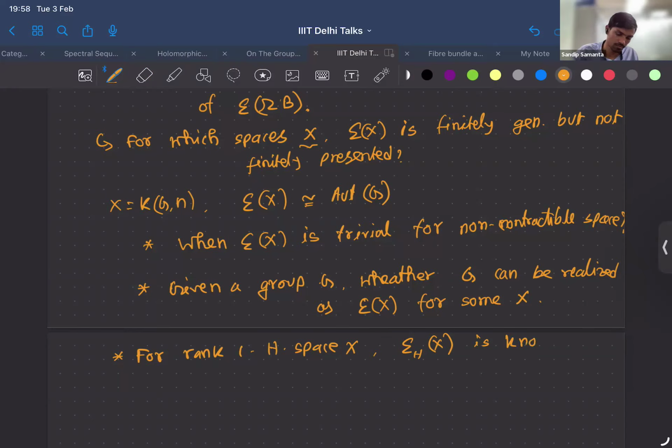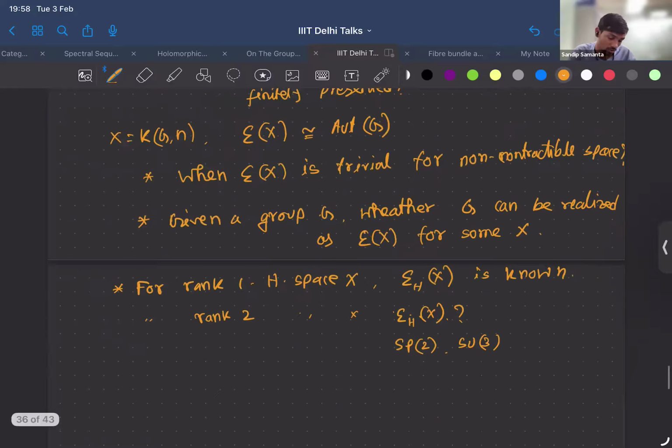It's known. But what about rank two? Rank two H-spaces, what is this? For certain spaces like Sp(2), that's a rank 2 space, and SU(3), those are calculated, but not all the rank 2 H-spaces. So what about those things?